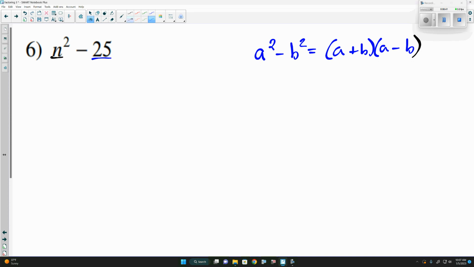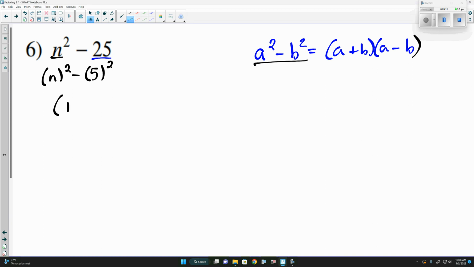So if we wanted to put it in the form of a squared minus b squared, we're thinking of this as n squared minus 5 squared. We don't necessarily have to put the parentheses. I put them there mainly for the n squared, because rewriting it in the form of a squared looks the exact same as what we started with. So a is n, b is 5.